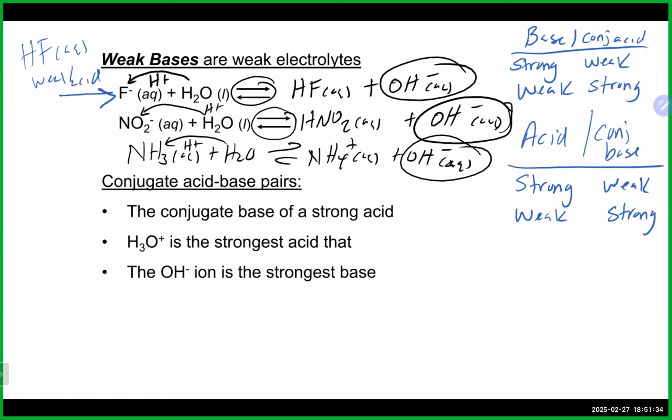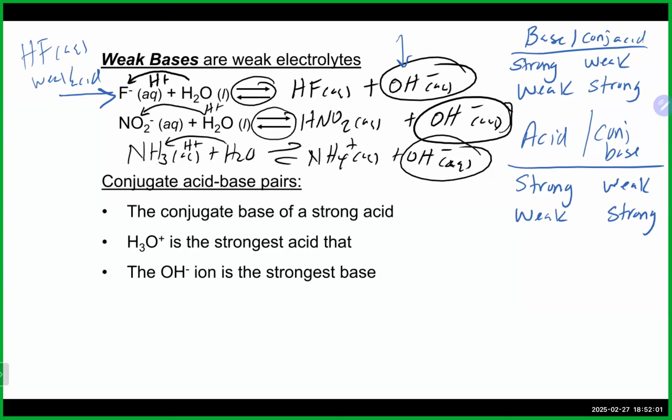Because it's floating around in water, it can start reacting with water, and it has the ability to produce hydroxide. Because it can produce hydroxide, it has the ability to affect the pH of that solution by having the presence of that F minus in that solution.